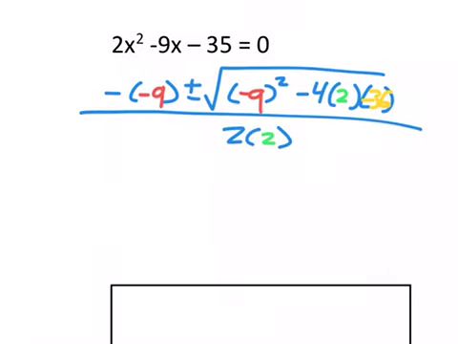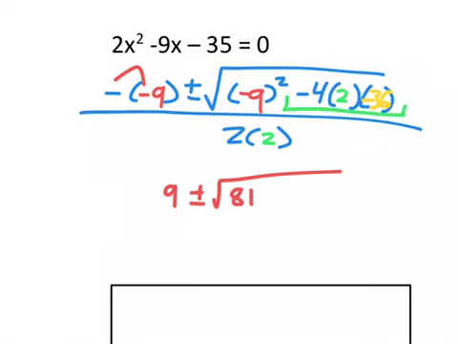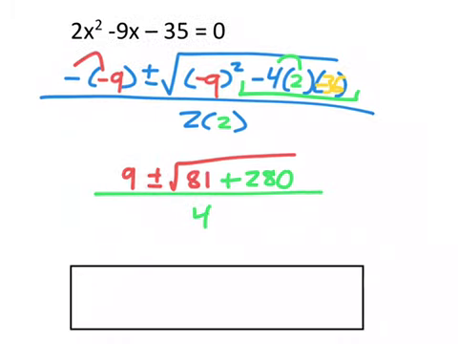So out front I have a negative 9, so we got a positive 9, plus or minus. Negative 9 squared is 81. This is where a lot of people messed up. I need to do a negative 4 times a negative 2 to get a negative 8. And then negative 8 multiplied by the negative 35 gives us a positive 280. And then we're all divided by 4.